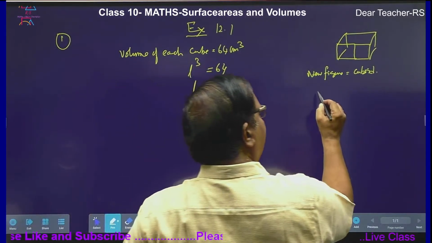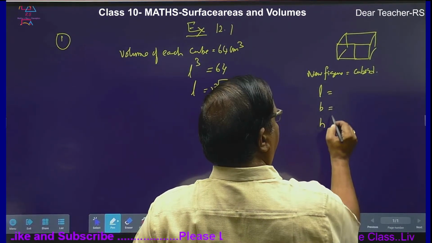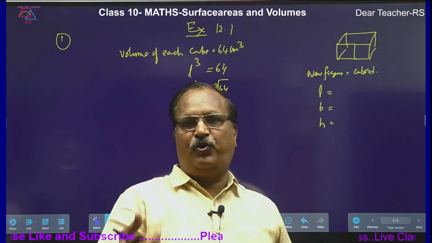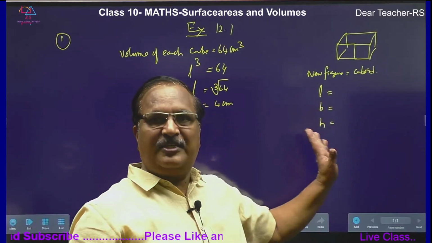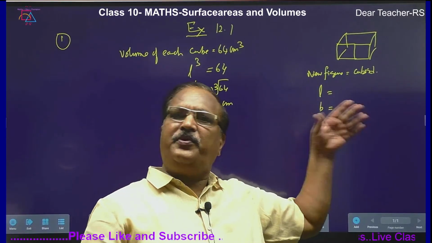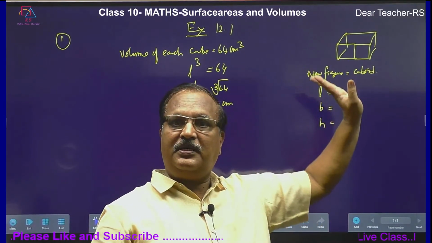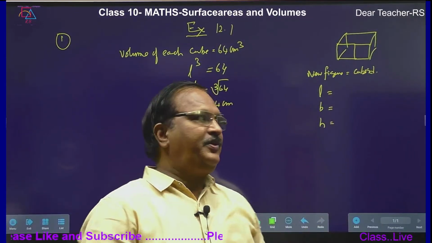So now let us find out the L, B, H of this cuboid, because when there are solid figures, whether a cube, cuboid or cylinder, you should know the measurements so that you can find anything. Now we have to find the length, breadth and height of the cuboid.